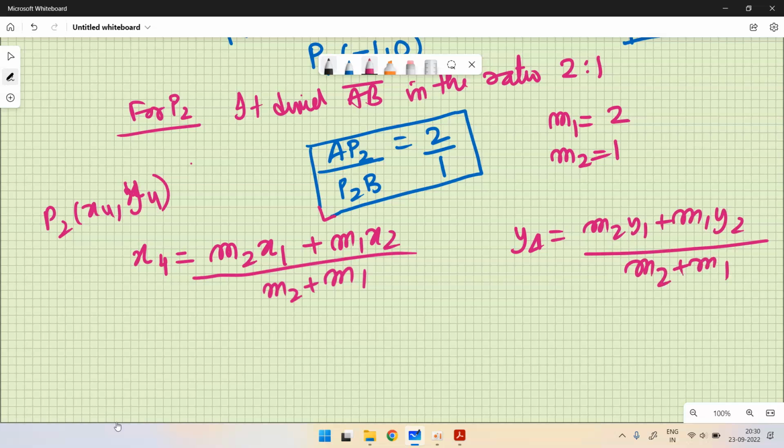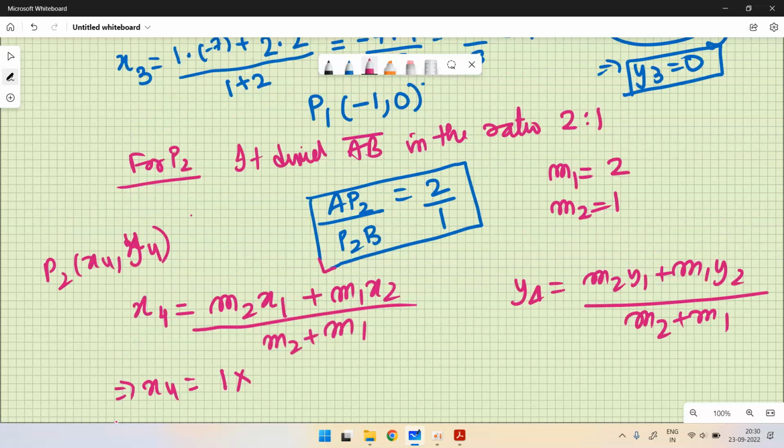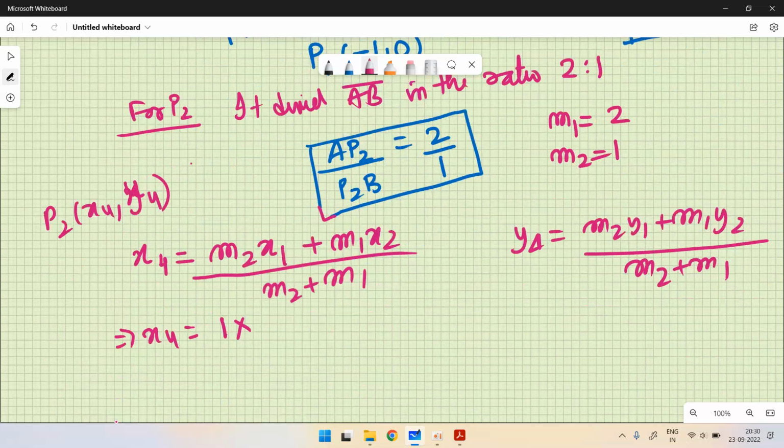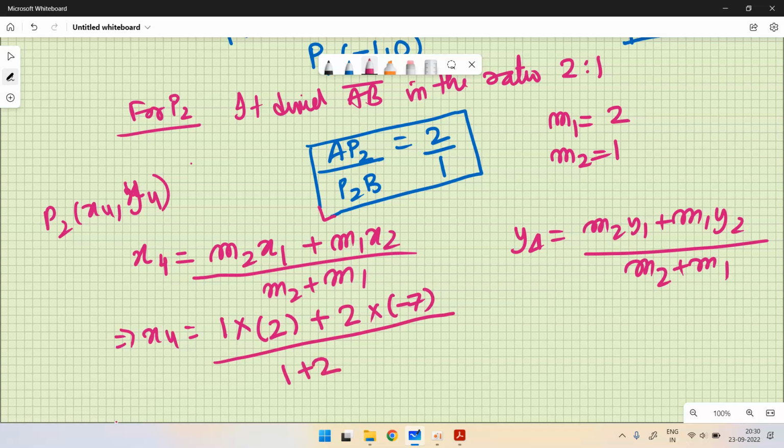Now if you substitute the values, x4 equals m2, which is 1, into x1, which is 2, plus x2, which is minus 7, into m1, which is 2, by m2 plus m1, 1 plus 2.